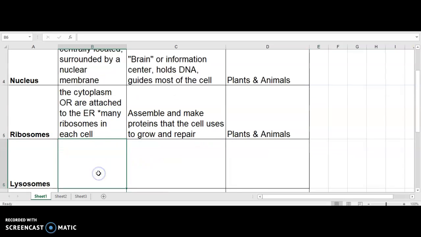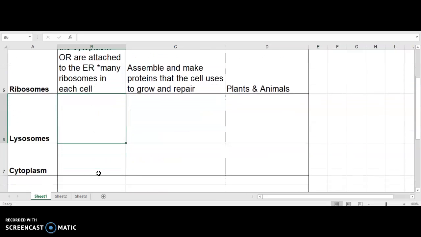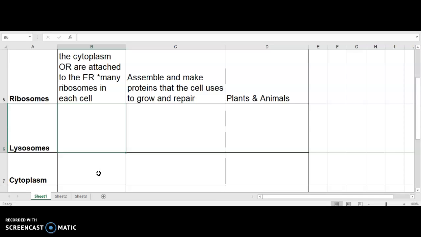Okay, lysosomes. So lysosomes are found floating around in the cytoplasm. They act as the garbage can or the recycling bin.